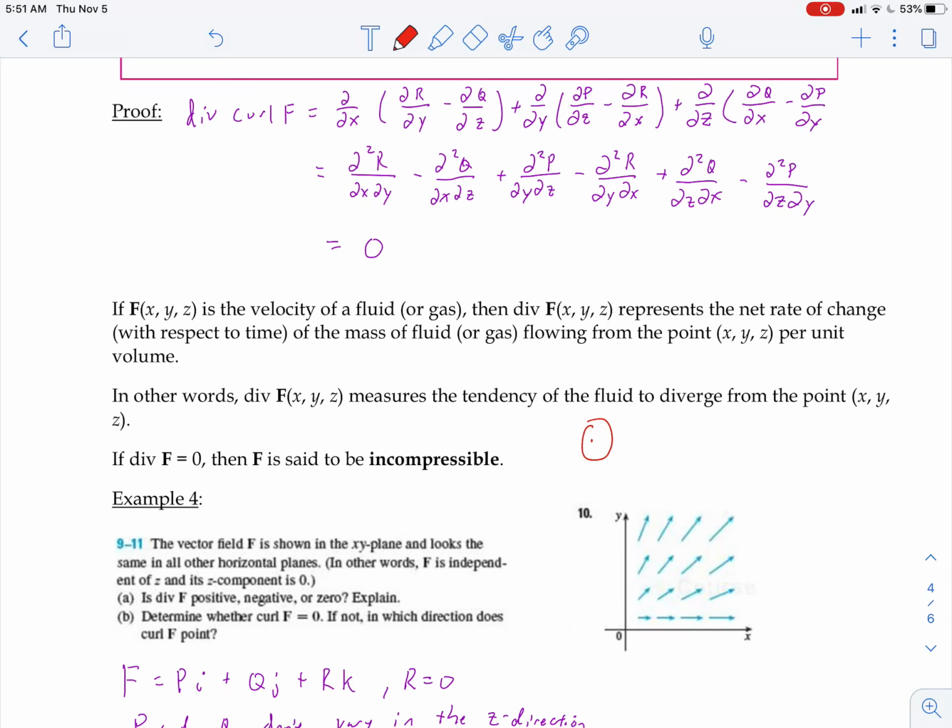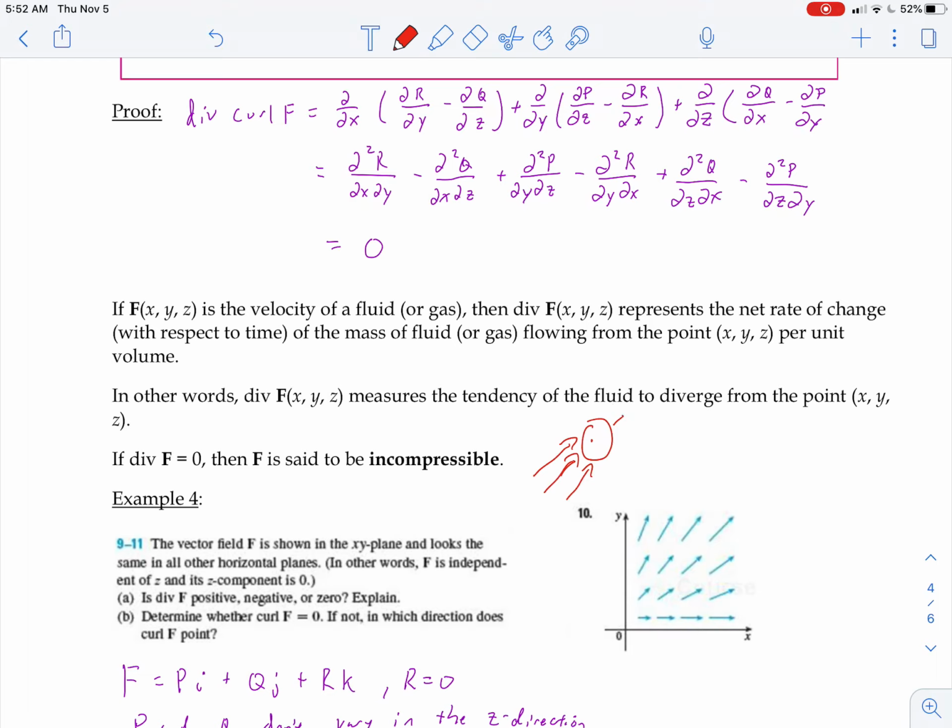If more fluid enters our region than leaves, and I'm representing that by the length of our vectors, notice how the vectors leaving are small. That's going to have a negative divergence, because when we measure this, it's the amount that leaves. Less is leaving, so more is filling up in this neighborhood. So divergence is negative when fluid is gathering in the neighborhood and less is leaving than entering.